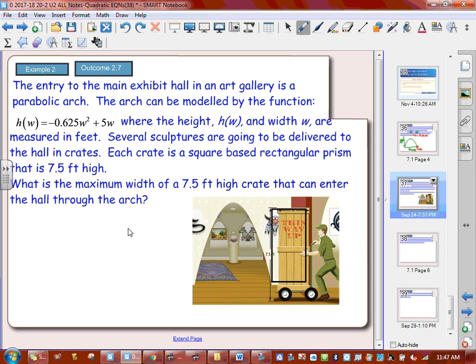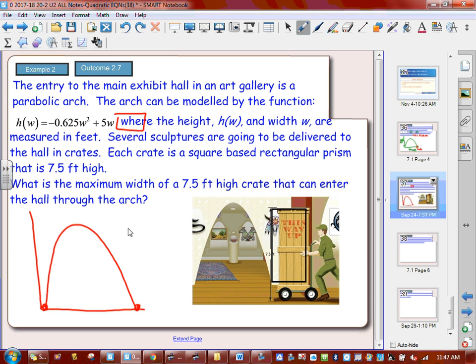So we need to know the maximum width of that. What we need to do is find, in our problem solving, we're going to have our arch. Now, do we have any y-intercept at the end? Do you see a digit at the end? No, so that means it goes through (0, 0). So we're starting right at (0, 0), and then we're coming down, because that's our arch.